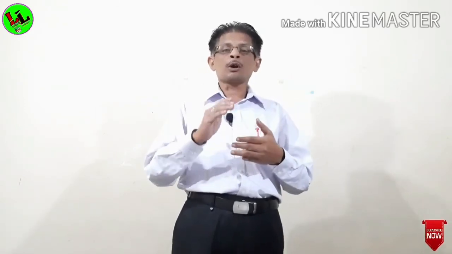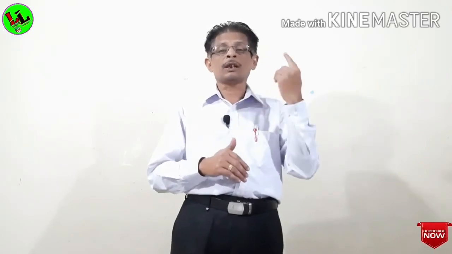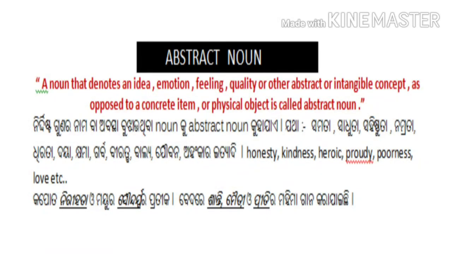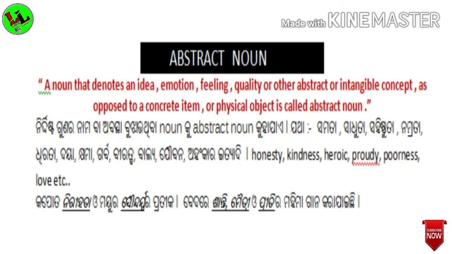Now we will proceed to abstract noun. What is abstract noun? You see, a noun that denotes an idea, emotion, feeling, quality, or other abstract or intangible concept as opposed to a concrete item or physical object is called abstract noun.